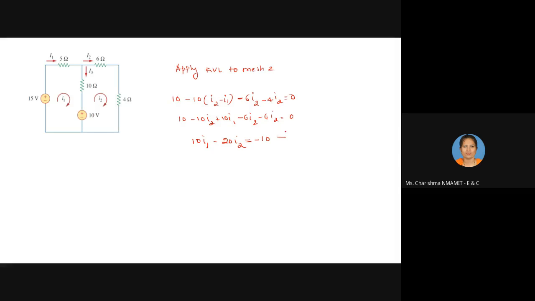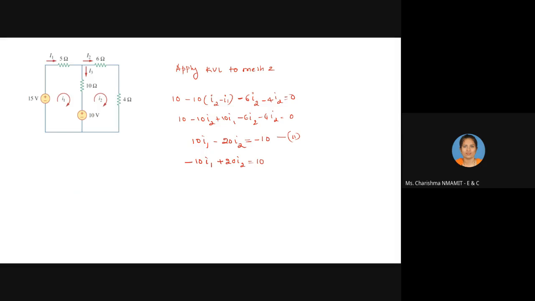I have taken it to the other side. These are the two equations, equation 1 and equation 2. Or you can write this as minus 10 I1 plus 20 I2 equal to 10.